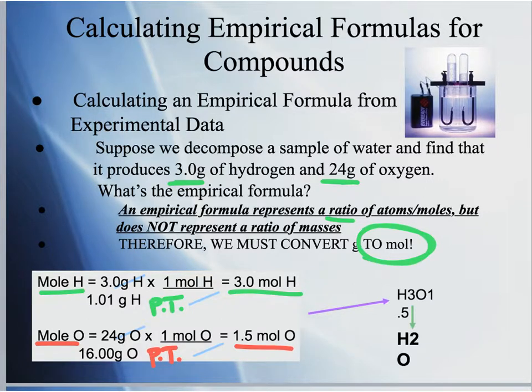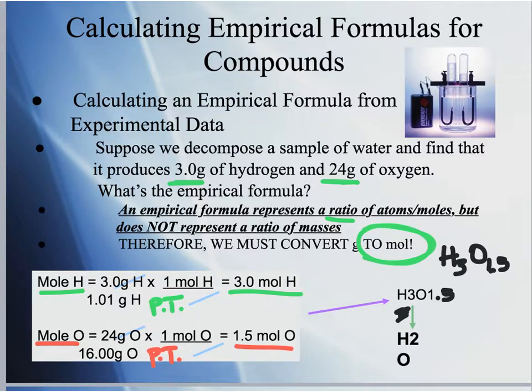Okay. So now that we're in moles, we can start making our first very crude empirical formula. Because it says moles, we could say H3O1.5. All right, but if you've ever looked at chemical formulas of any kind, you know that we never use fractions. It's always whole numbers.